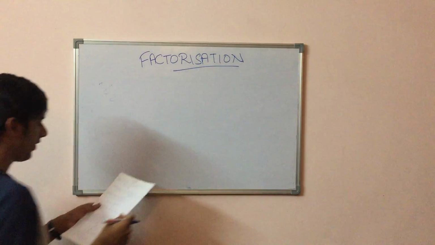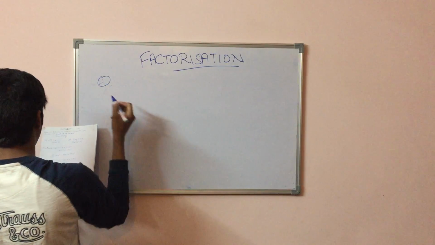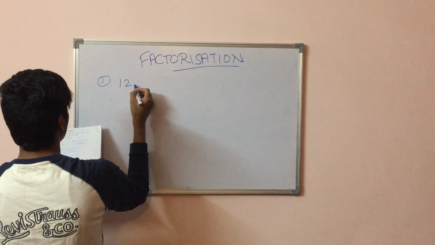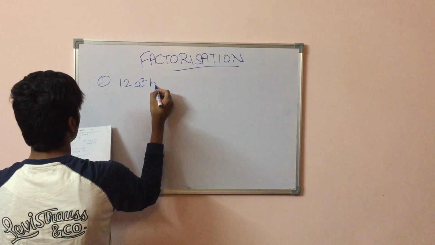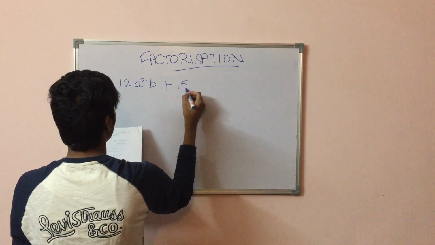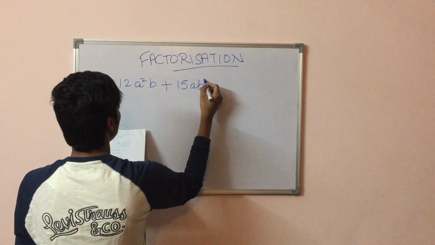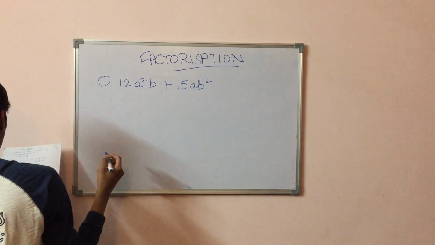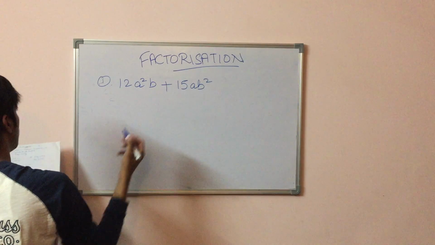Let us say the first one is 12a square b plus 15ab square. Oh, sorry.